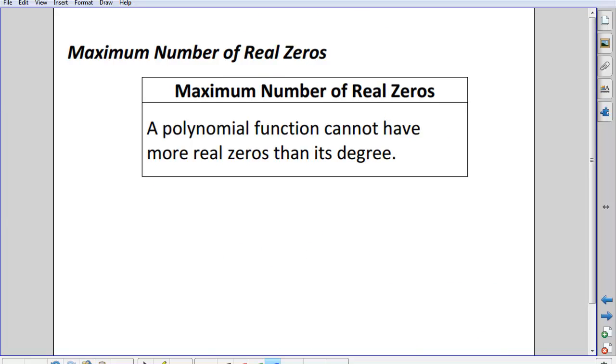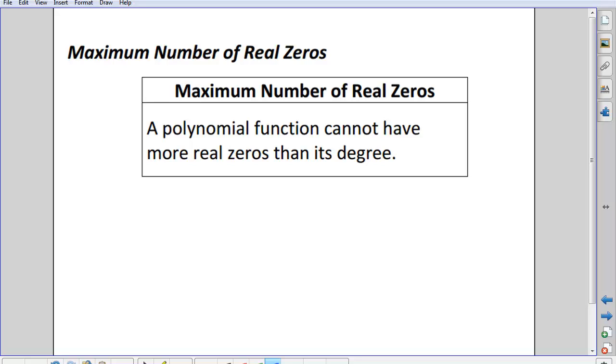Okay, here's another helpful piece of information. This is pretty simple. The maximum number of real zeros for a polynomial function is the same as its degree. So if we have a polynomial function, it can't have more zeros than its degree. Okay. Now think for a second why that's the case. Why can we not have more zeros than our degree?